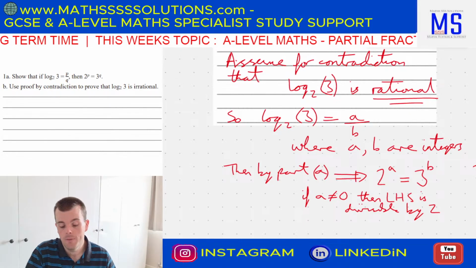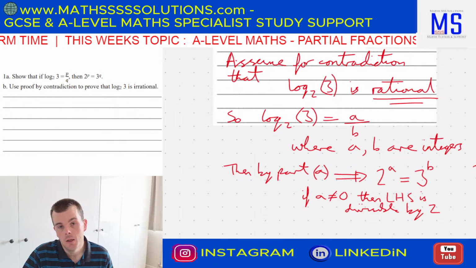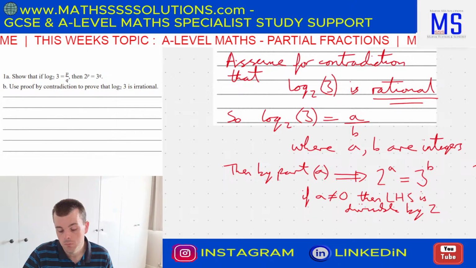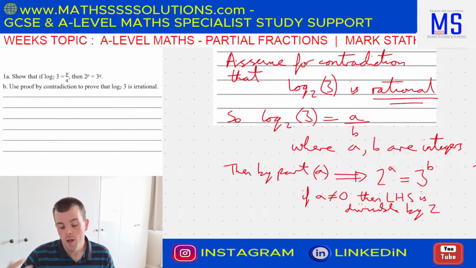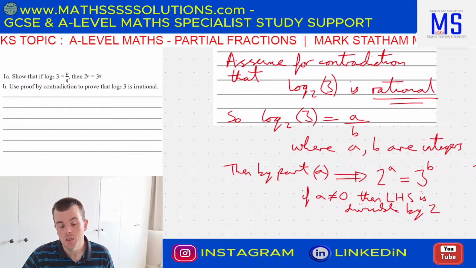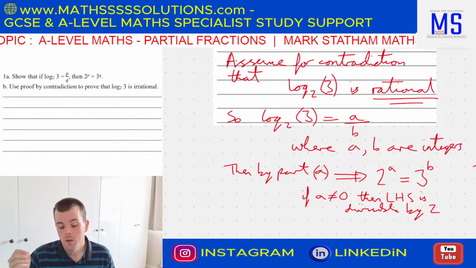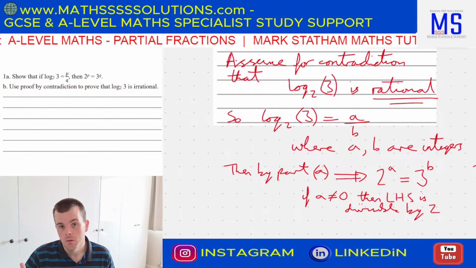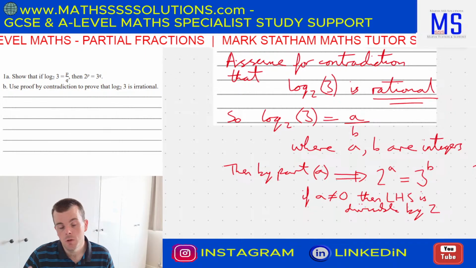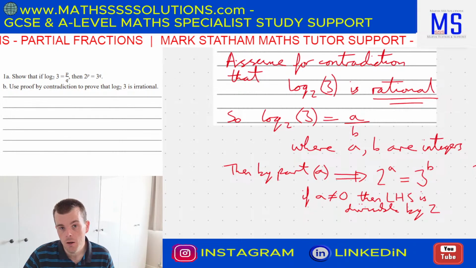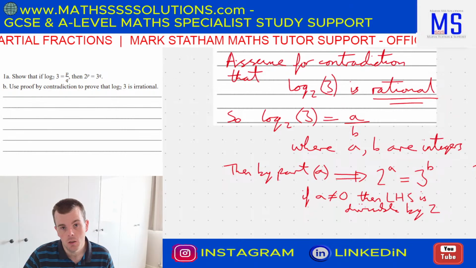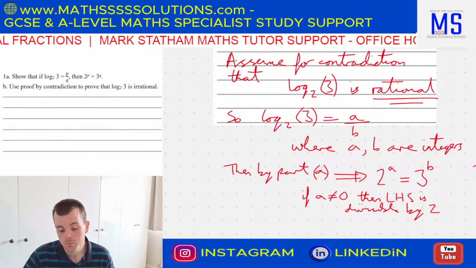In other words, the left-hand side would be an even number if A was not equal to 0. And clearly on the right-hand side, because B is an integer, it's a multiple of 3. 3 times 3 times 3, which is a multiple of many odd numbers. So it cannot be even, because an odd times an odd is always an odd.